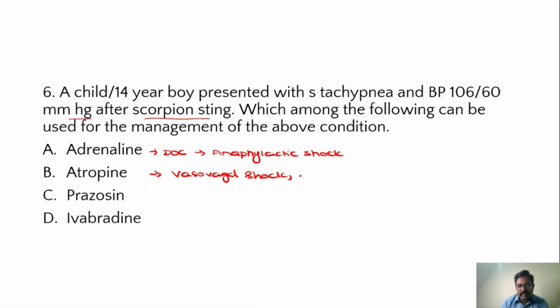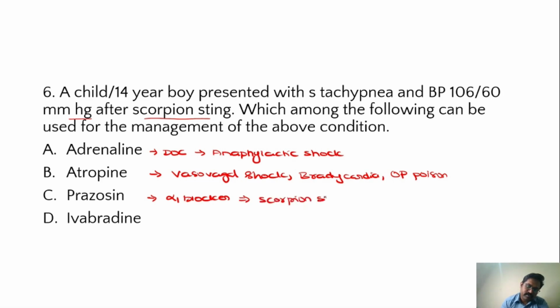It can be used in the treatment of bradycardia and in the treatment of organophosphorus poisoning. And next comes prazosin. Prazosin is an alpha-1 blocker which is preferred in the treatment of scorpion sting.